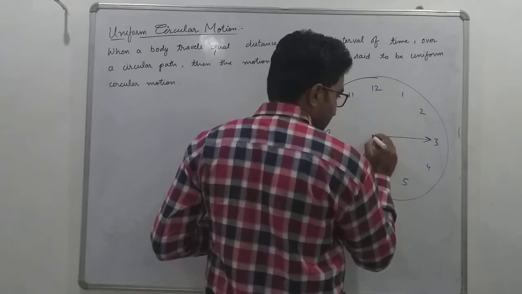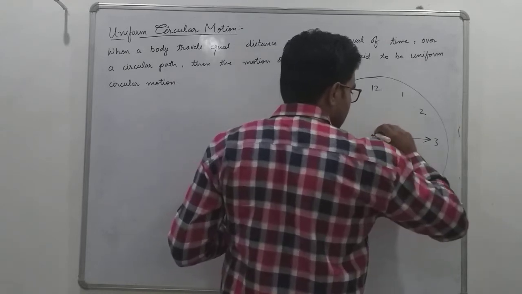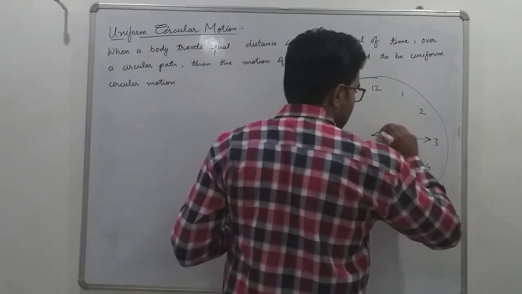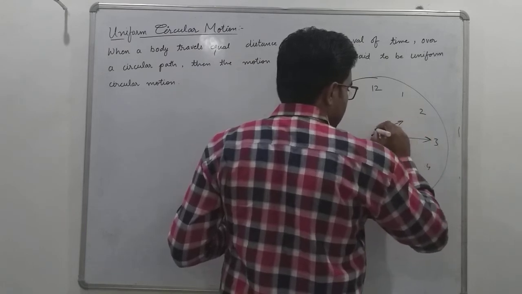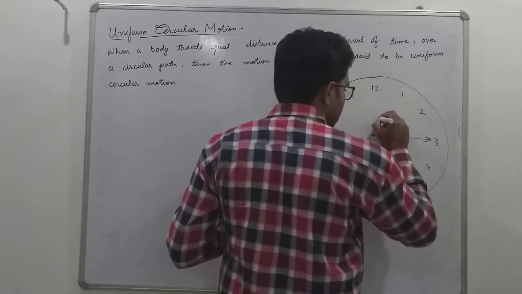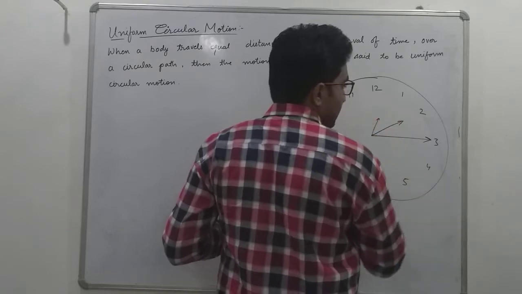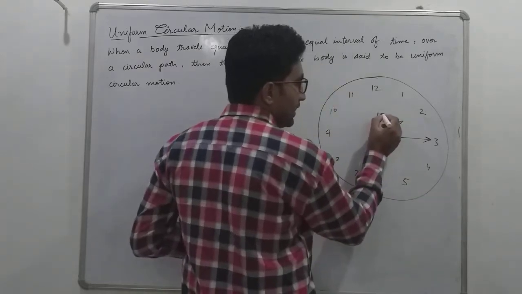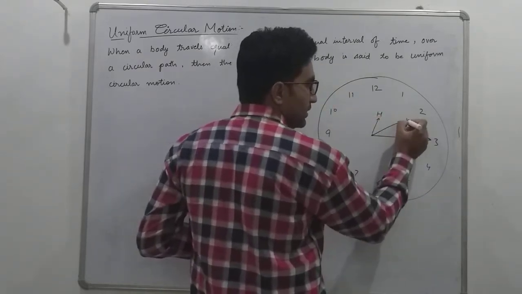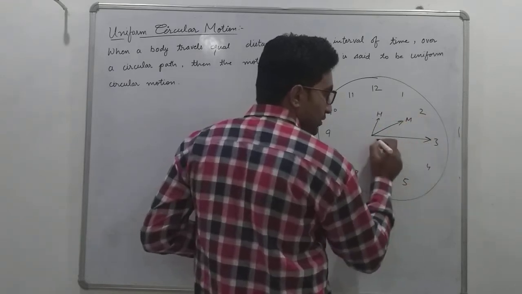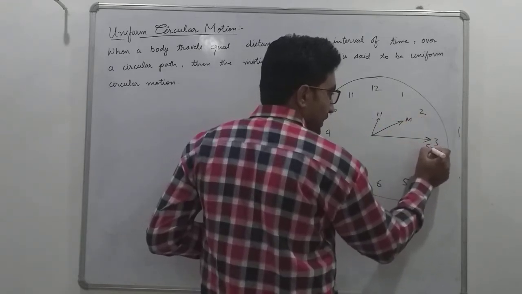After that, it represents the minutes hand, and this one represents the hours hand. I represent it as the hours hand, it represents the minutes hand, and this long needle represents the seconds hand.